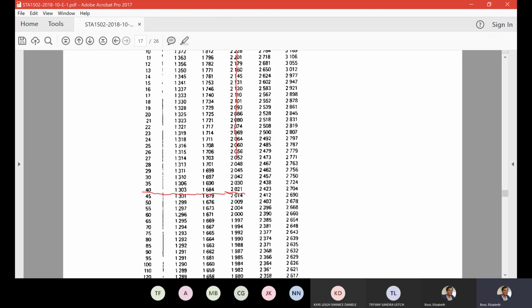Usually, some tables, they do have up until 44. So usually at 44, it will be 2.145, some number. So for this one, I can see that it ends at 2.14. So we're going to take that one. We're going to take the 45 value one, which is 2.14.